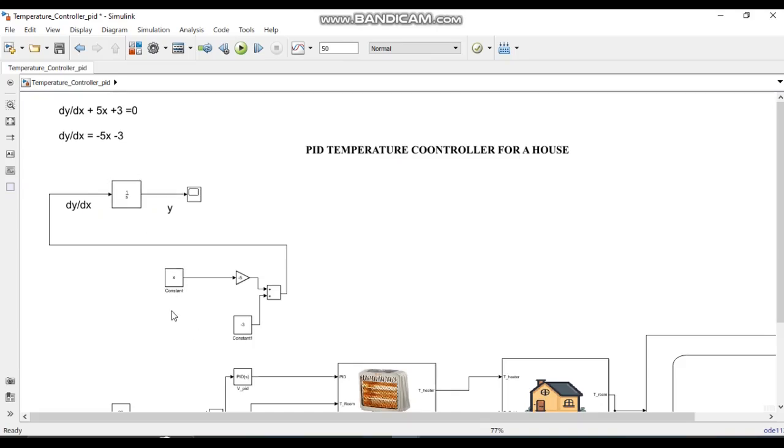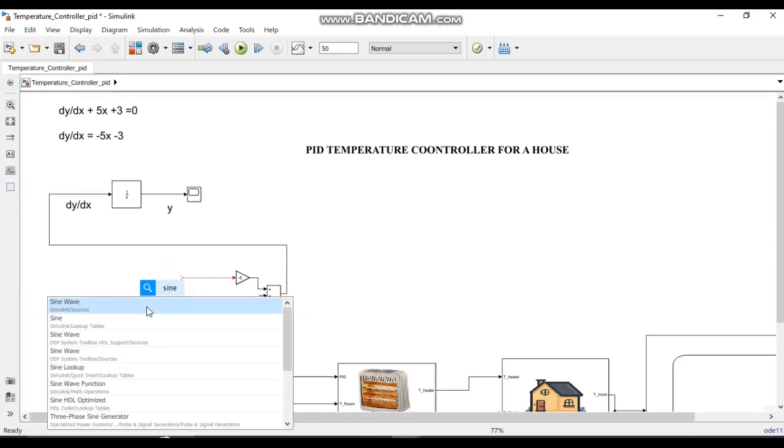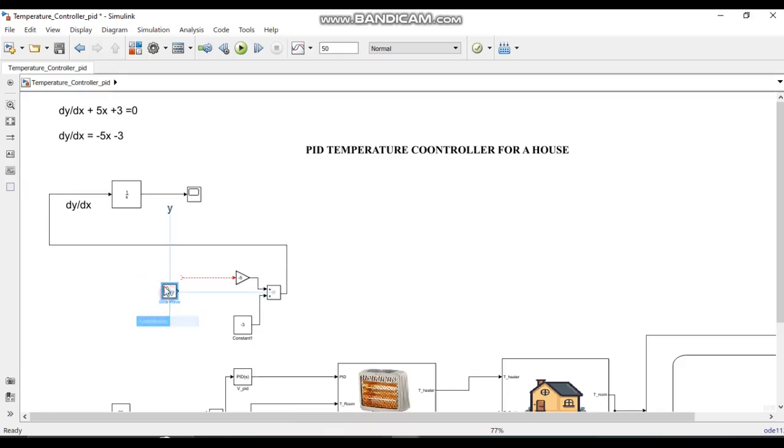Then for our x value, let's use a sine block to see how that will change, right? Let me delete this.